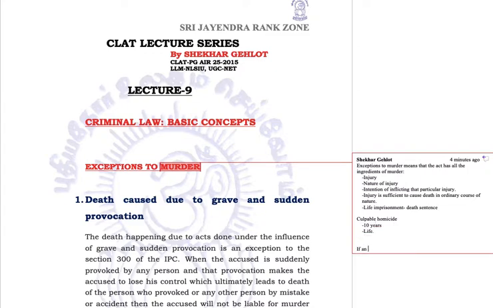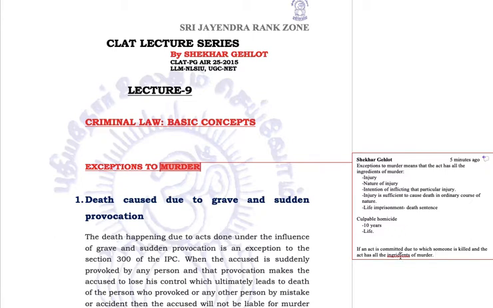Exceptions to murder means an act is committed due to which someone is killed, and the act has all the ingredients of murder.